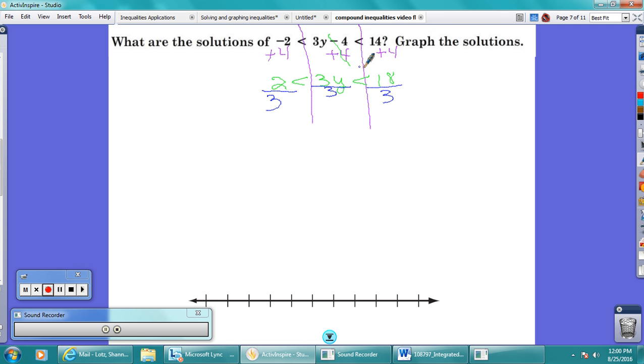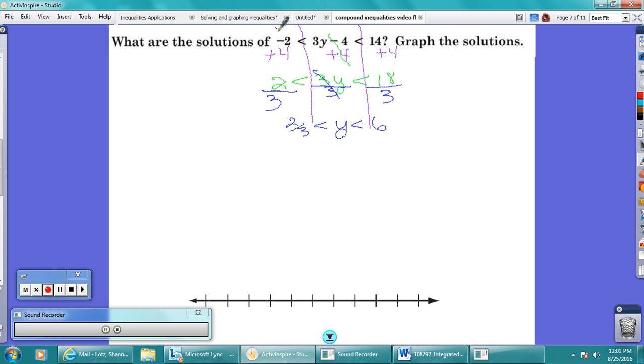Right? I kept balance. I did it on all 3. So now here my 3's cancel. I have y is less than 18 divided by 3 is 6, and 2/3. That's it. My y is in between, so my solutions when I graph it will be in between.